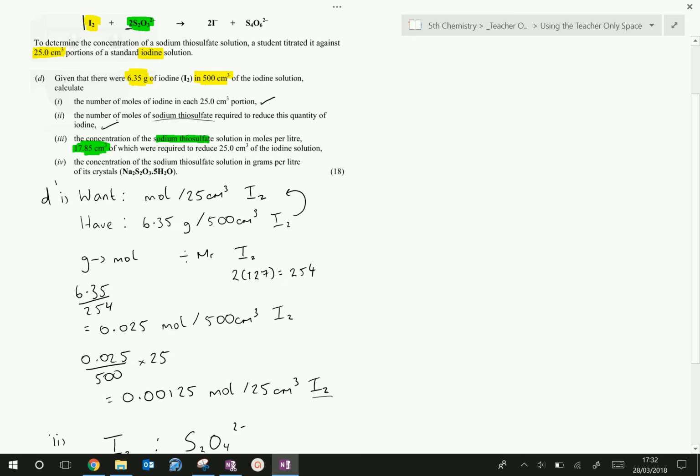Part 3 then, the concentration of the sodium thiosulphate in moles per litre, 17.85 mils of which were required to reduce the iodine solution.